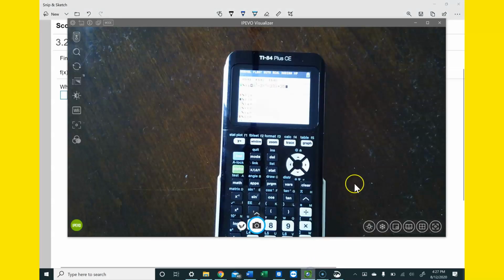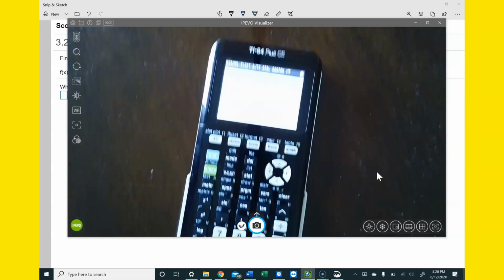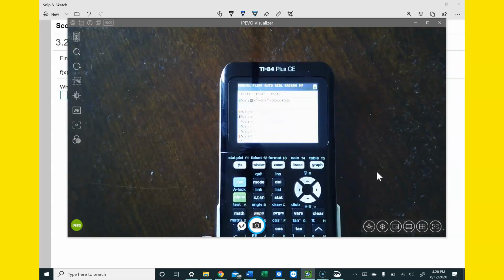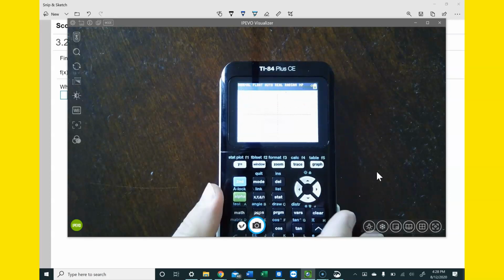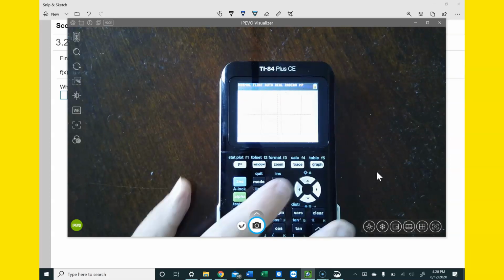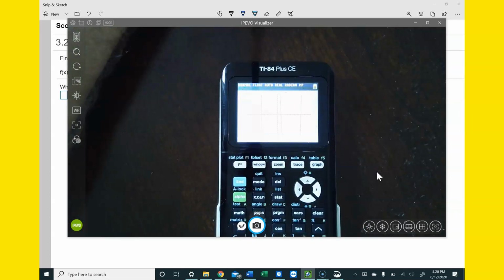Okay. All right, I have this in the y equals part of my calculator. I hit graph. I know that's not showing up too well, is it? Hopefully you're seeing it enough. And what I do is I find the zeros that way, and I can kind of just look at it and tell.